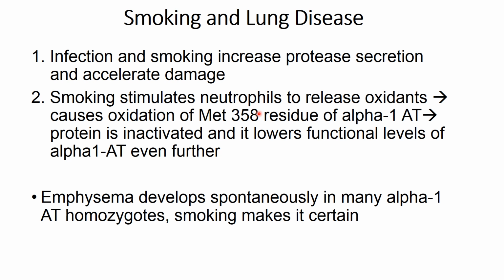You remember the oxidative burst, which will destroy the methionine residue in the center of the inhibitor. So it is not enough that more proteinases will be released in the lung, but there will be an even lower number of inhibitors available to inhibit the proteinases because of this destruction by smoking.